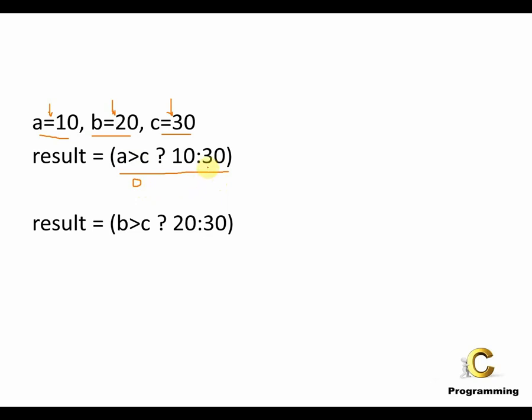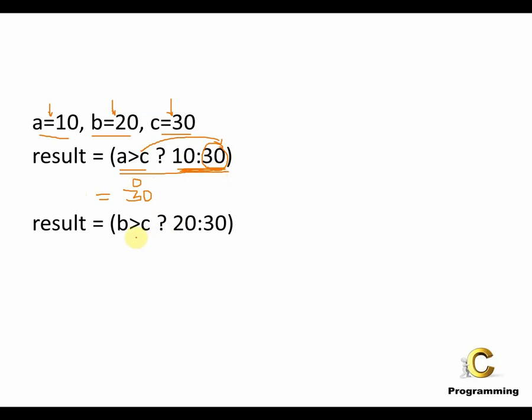Hence we have to evaluate or deal with the third expression, which is this one. So the result in this case would be 30. Since this is false, we evaluate the third expression.